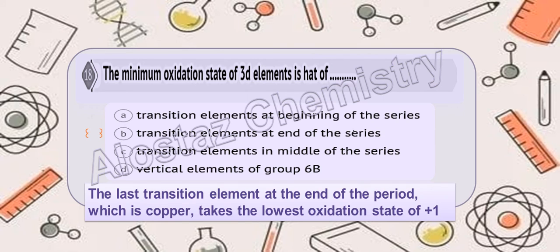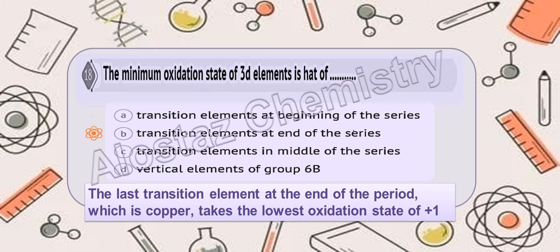So the right answer here will be letter B, transition element at the end of the series. Our choice belongs to copper with atomic number 29 and oxidation state +1.